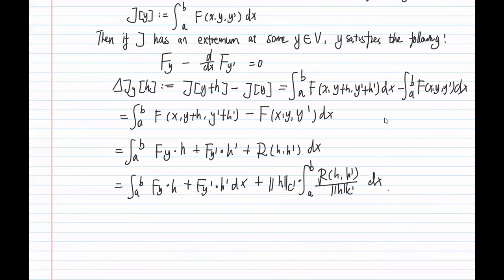And then we can observe that the C1 norm of h is defined to be the maximum of h plus the maximum of h prime, on the interval [a, b].